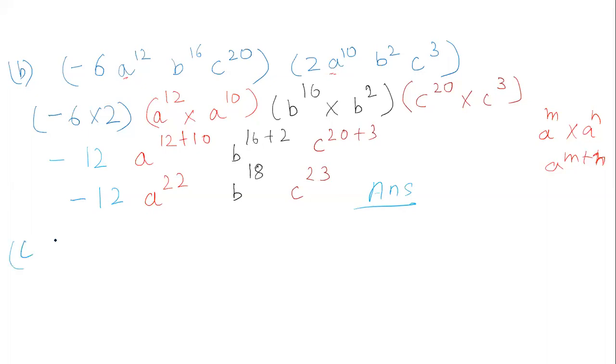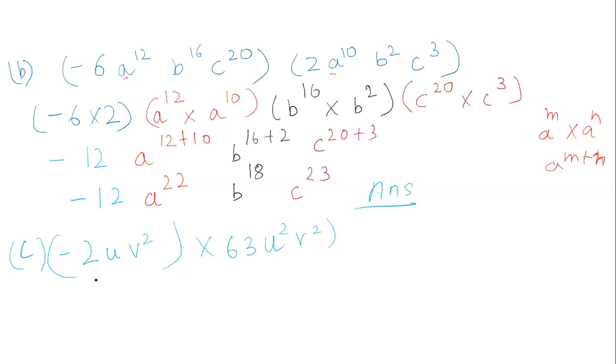Students, C part says -2 uv square को हमें मल्टीप्लाई करना है 63 u square v square.